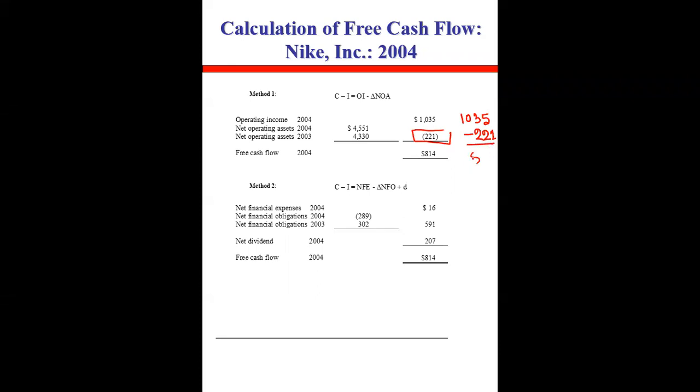That's why we have this amount of free cash flow. Have we got this? How can we use method one, this equation, for calculating the free cash flow? Yes, no, very quick.